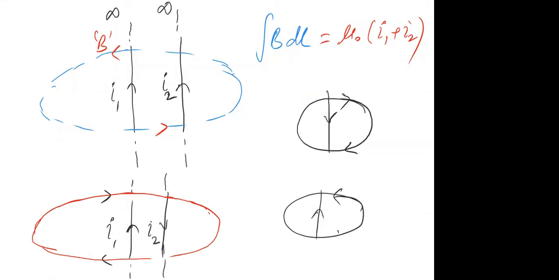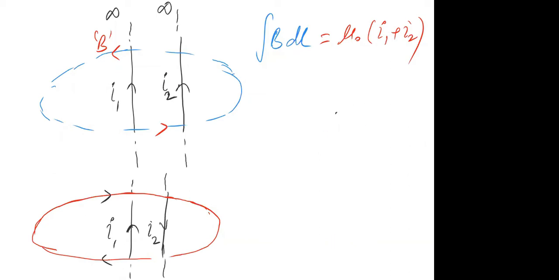In this case, you are taking the direction of magnetic field clockwise. Means you are going in the direction of the magnetic field which is because of I2. Listen to me again. You are taking the direction of magnetic field to be clockwise.